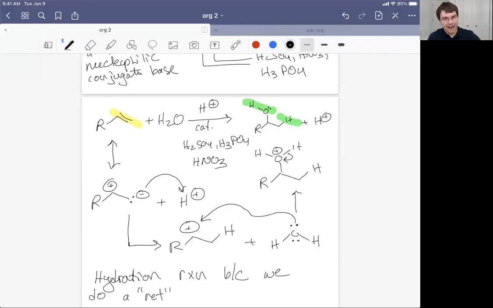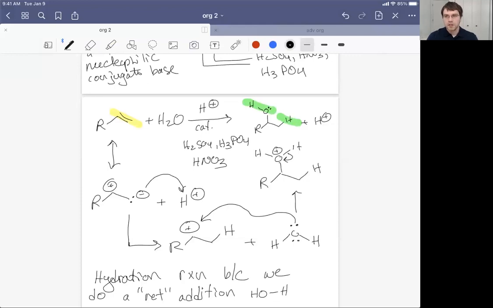Water would not add at an appreciably practical rate unless we had that H plus to catalyze and speed up that transformation. So it's the net because we do a net addition of H2O, and I like to write it HOH, which, of course that's water, but we didn't just take water and snap it right on. We required some H plus to actually promote and catalyze the reaction.